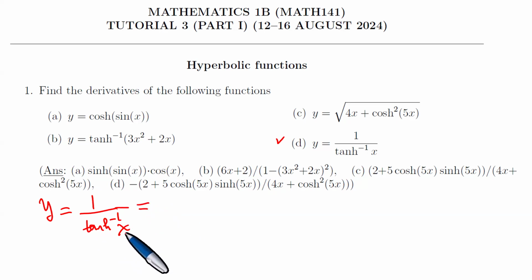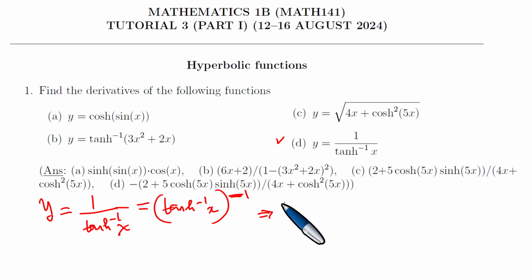But 1 over arctangent of x is the same as the hyperbolic arctangent, and then obviously 1 over can be written as power to the minus 1, like this. What is this? This is the derivative. You bring down minus.